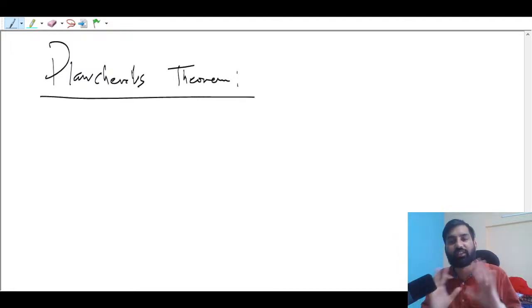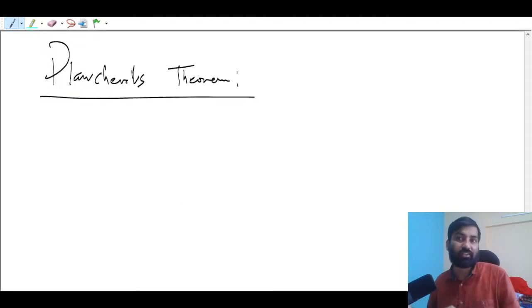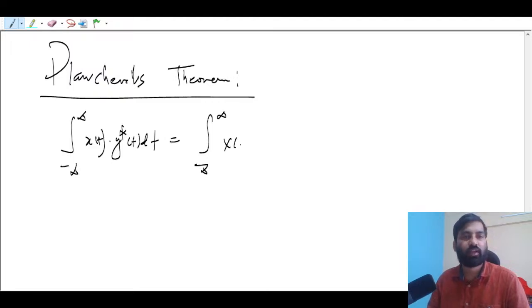Here x(t) was the same, that is why we square it and find the energy. But suppose x(t) is given and y(t) is given, and they are asking you to compute the integral of x(t) times y conjugate of t dt. So what is this? In the frequency domain, you can write this as the integral of X(f) Y conjugate of f df.